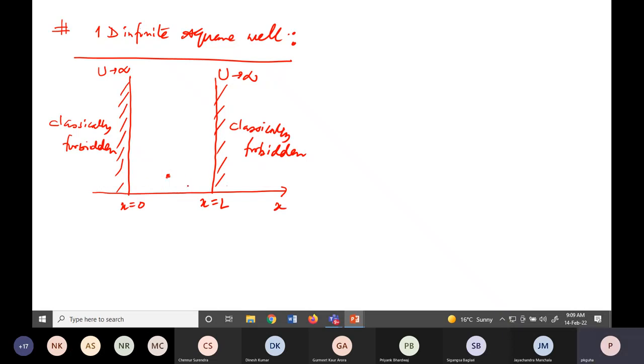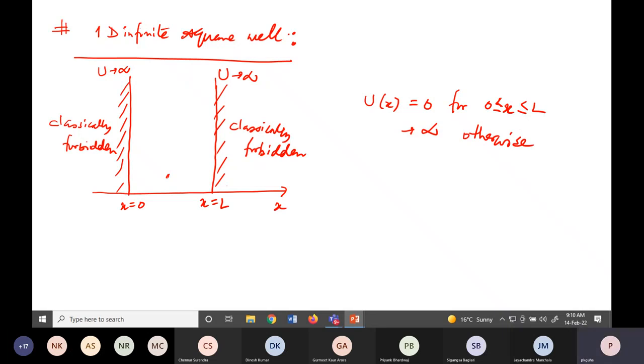The potential energy associated with the particle is zero, right? There is no additional particle with which it will interact. So we can write the boundary condition as: potential energy is zero within the potential well, and it is infinite otherwise.